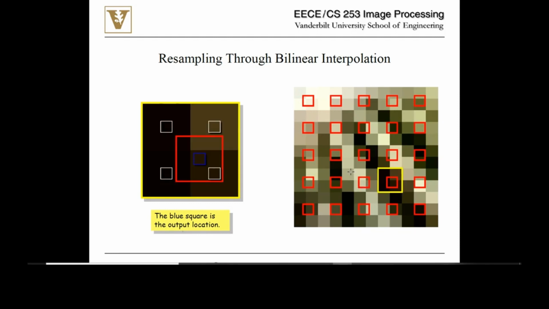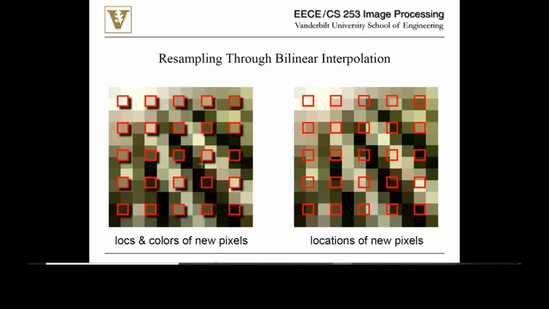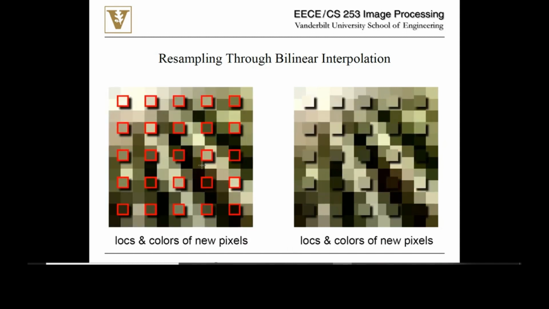And the same here: we have other 4 corners, and we want to evaluate at that point. Those are the interpolated values.